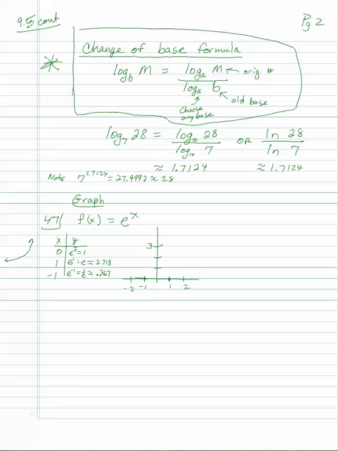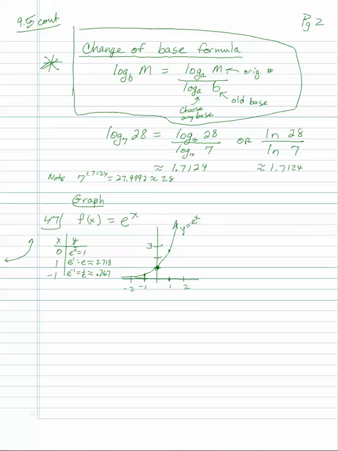Okay, so negative 1 is 0.37, 0, 1, 2.7, and you get that. So that's y equals e to the x.